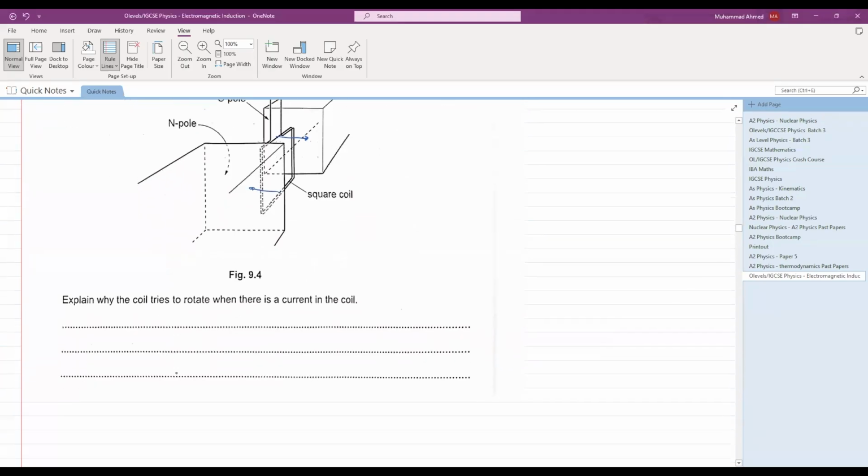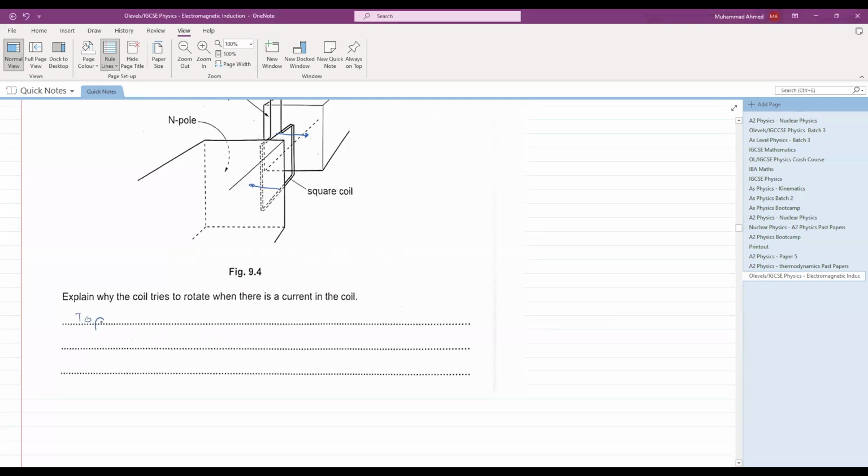So you can say the top surface of the coil experiences a force in one direction, and the bottom surface experiences a force in the opposite direction.